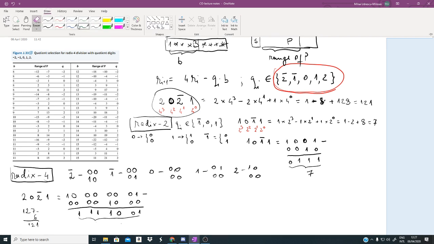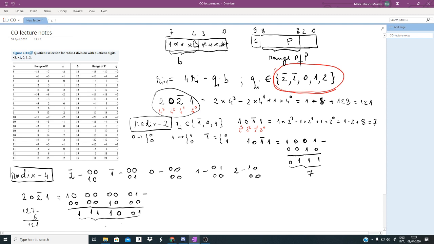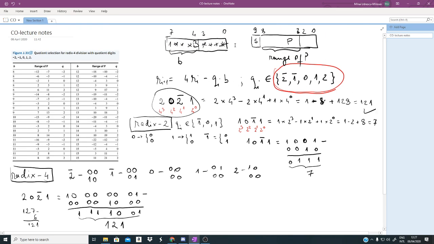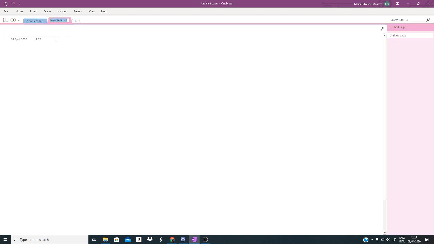Like this. So it's actually 121, which is correct. Okay, good. Now, these are, of course, preliminaries for what's next.